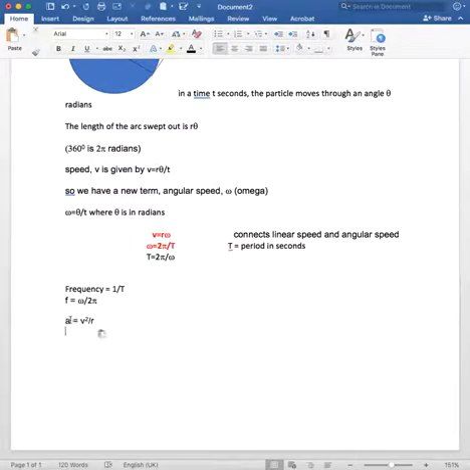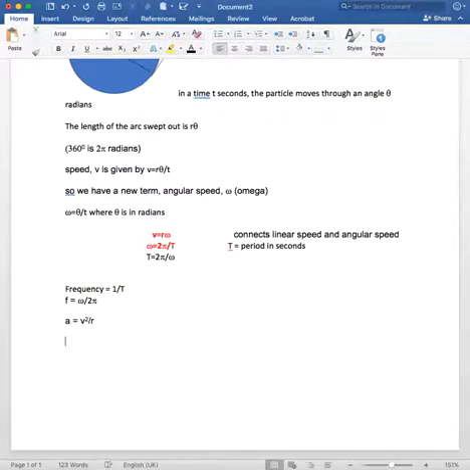If, when we get back to school, you want to see that done, I'll do it, but I'm not going to try and do it here, mainly because the amount of faffing about with the diagram to get the symbols on is more than I can cope with, really. So there is a derivation for this, which I'll do for you at school should we ever get back. So a is v squared over r is the acceleration.